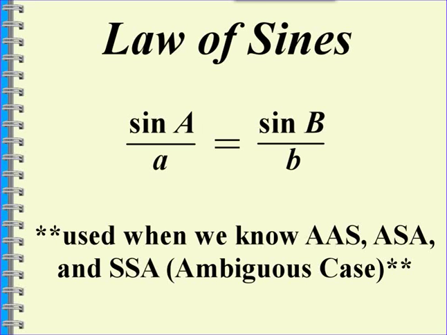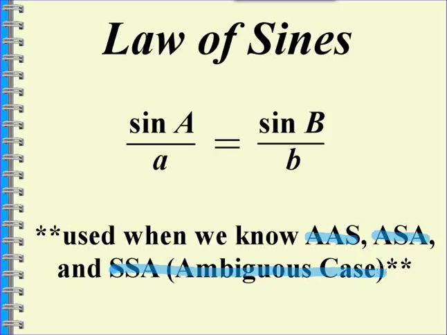Remember that the law of sines is defined as the sine of angle A over side A equals the sine of angle B over side B. Now notice, I have repeated again that we use the law of sines for angle, angle, side, angle, side, angle, and the side, side, angle ambiguous case. I must think it's pretty important if I put it on two slides.